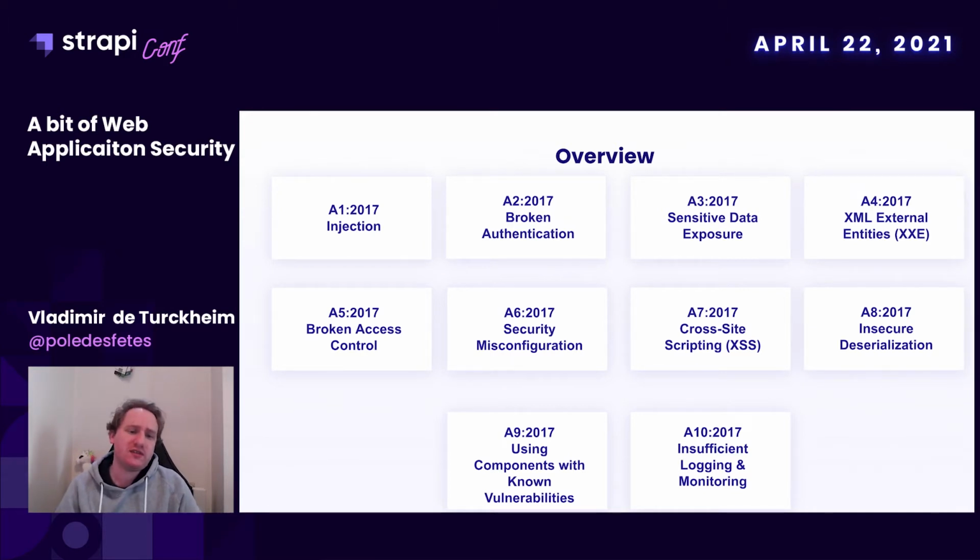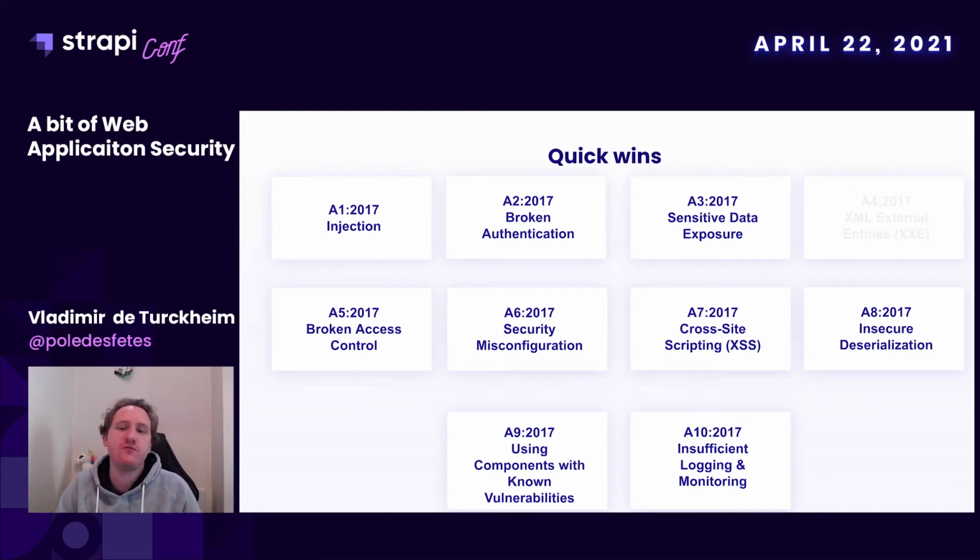Then we've got broken access control, security misconfiguration, XSS for cross-site scripting, insecure deserialization, using components with known vulnerabilities, and insufficient logging and monitoring. And for each of these items, we will question what their impact is in a Strapi/Node.js application.